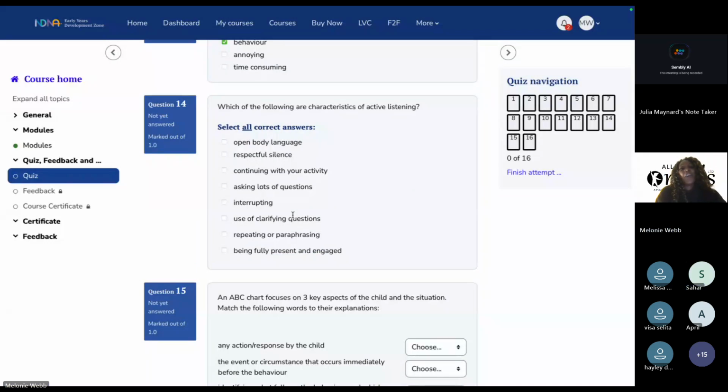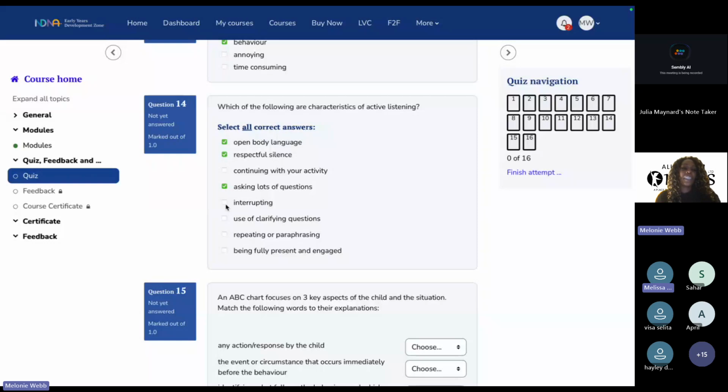Which of the following are characteristics of active listening? Showing open body language, yes. Respectful silence, yes. Continuing with your activity, no. Asking lots of questions? I would say so.